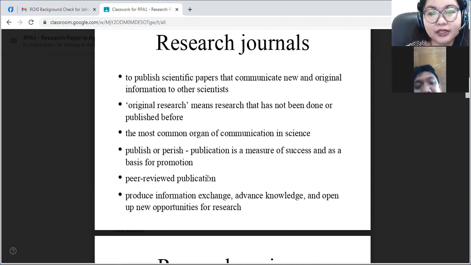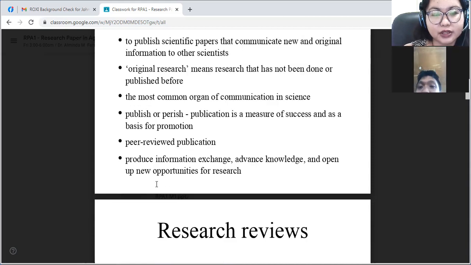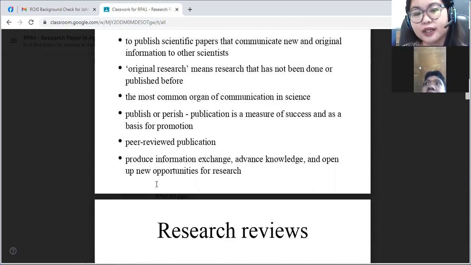And usually sa journal, peer reviewed siya, no? Meaning other scientists will review your paper. So in a standard journal there are 3 reviewers, no? And you're going to follow the process of editing again and again.